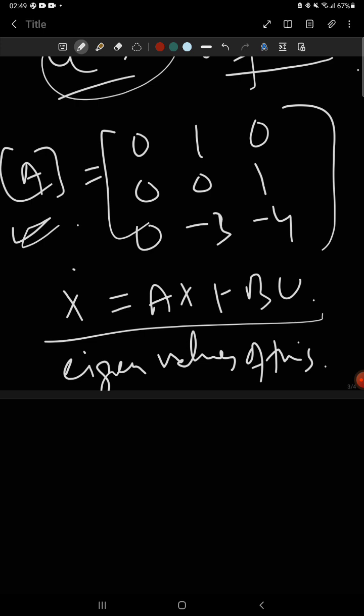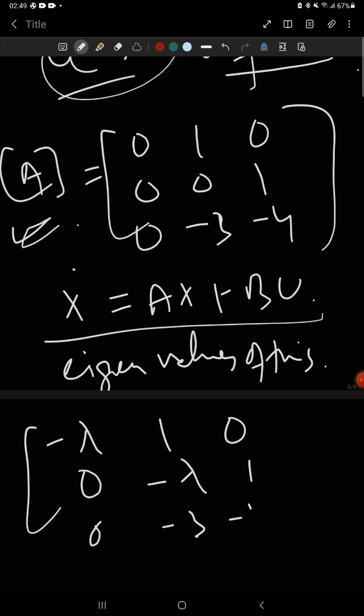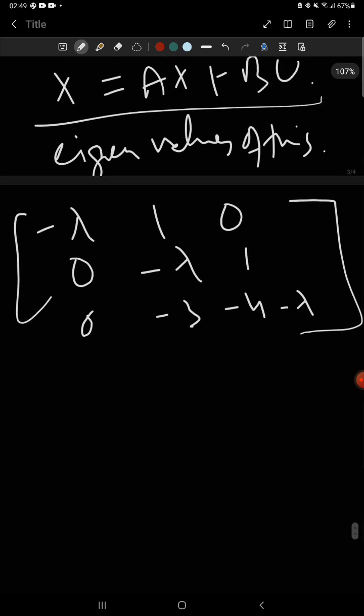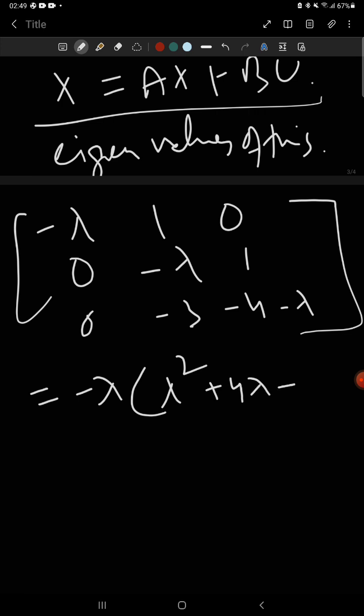So how can I figure out the eigenvalues? Let's try doing that. There will be minus lambda 1 0, 0 minus lambda 1, 0 minus 3 minus 4 minus lambda, right? So this is minus lambda times lambda square plus 4 lambda plus 3, and the other terms go to 0, right?